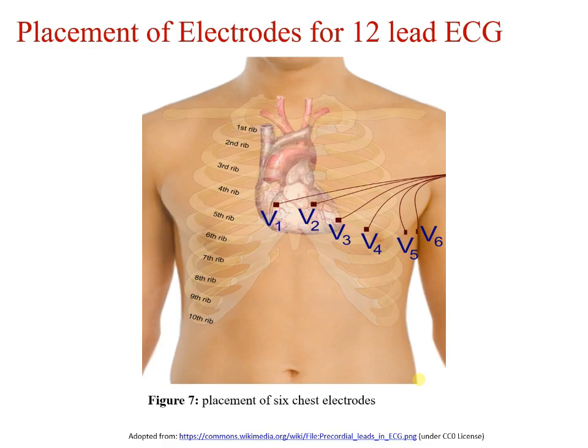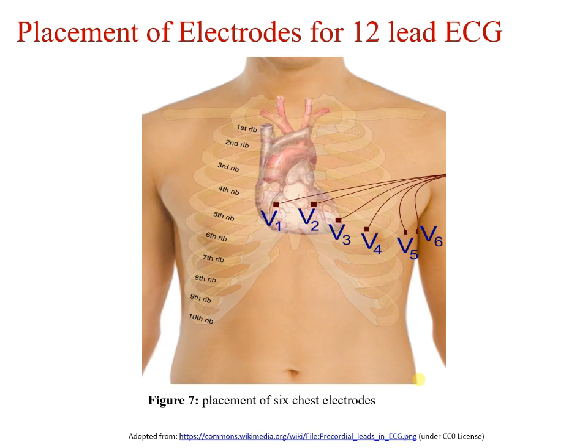So as I have told, in the 12-lead ECG acquisition system, we take 6 extra electrodes. Those are placed on the chest area. However, the placement of these electrodes follows certain rules, and there is some exact or specific point where you should place those electrodes.